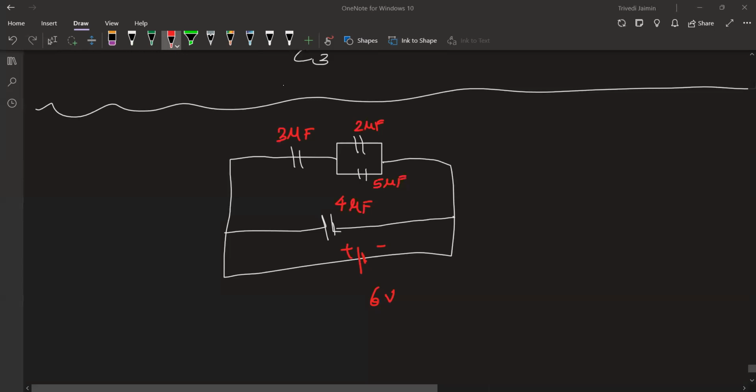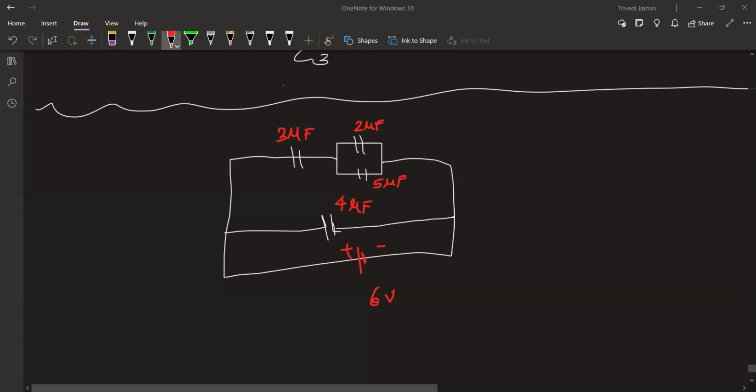So let me ask Adyasha first. How will you start? First solving this 2 microfarad and 5 microfarad, sir. Okay, and then that one solving with 3 microfarad, right? Then solving it with 4 microfarad.